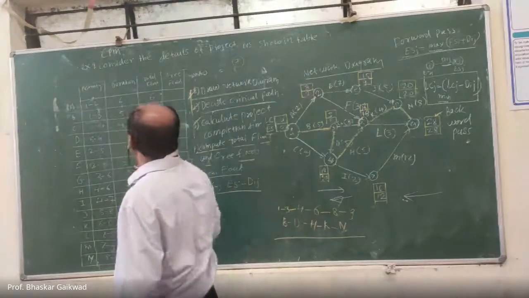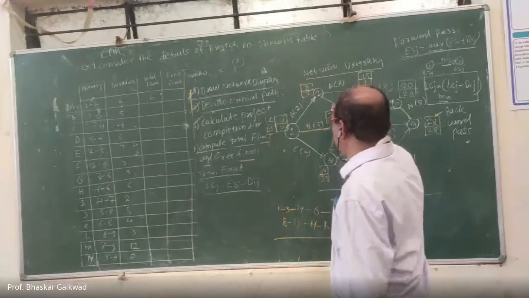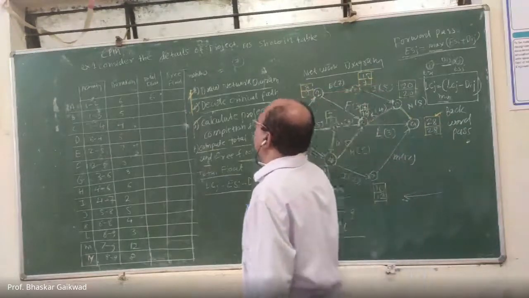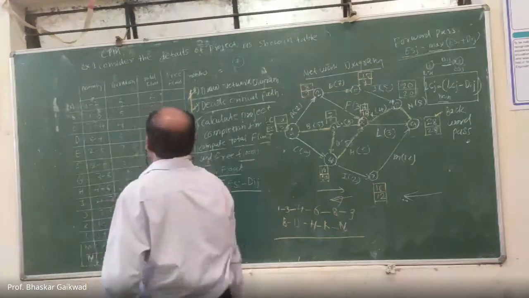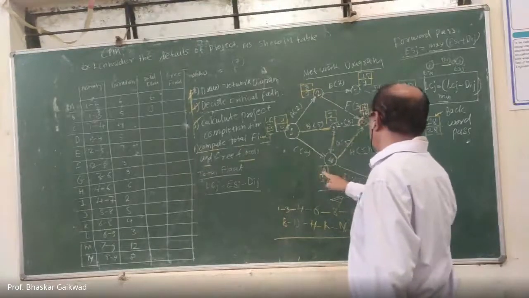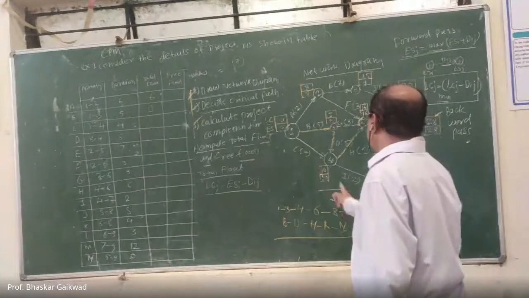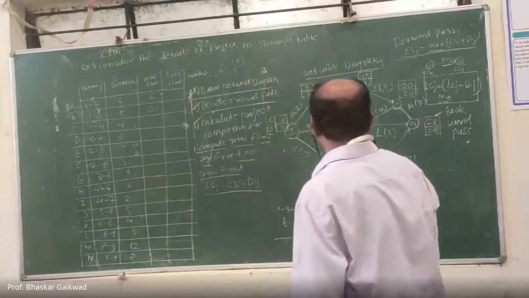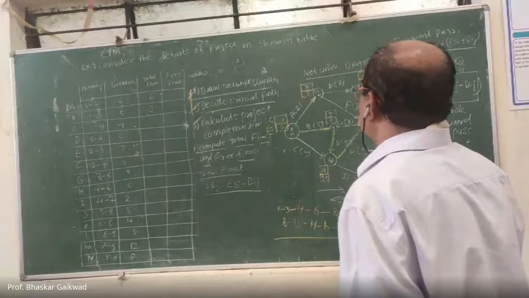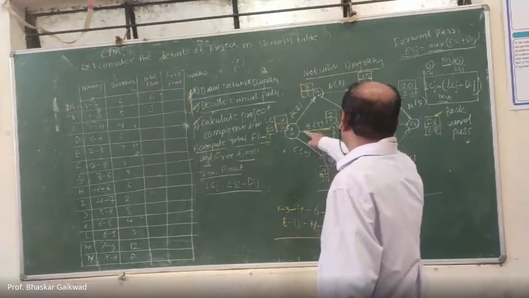Now you go to 1 to 3, activity B. Here the latest completion time is 5. 5 minus 0 minus the duration 5 gives 0. Correct. Now go to C. What is the latest completion time? 4, and the earliest start is 0. We also have to consider which is the maximum, and that is critical.